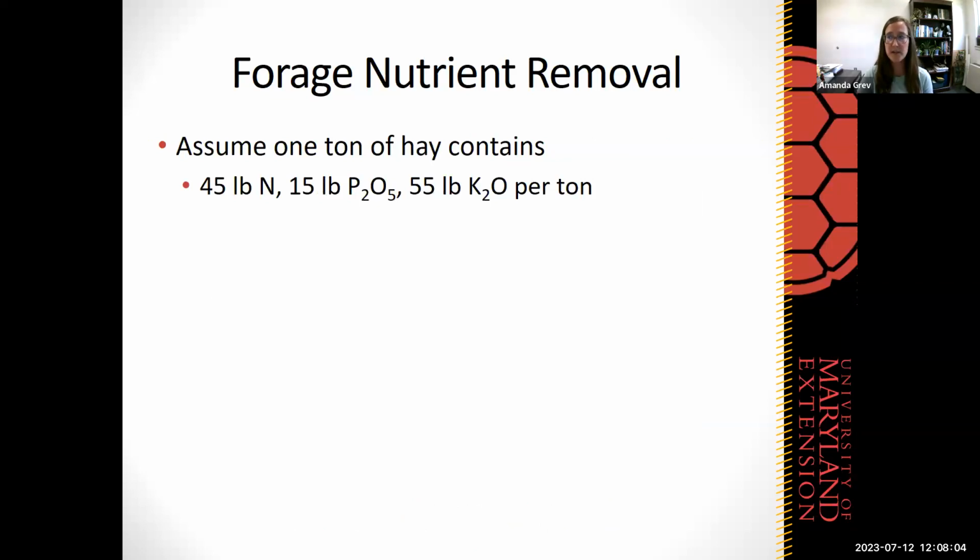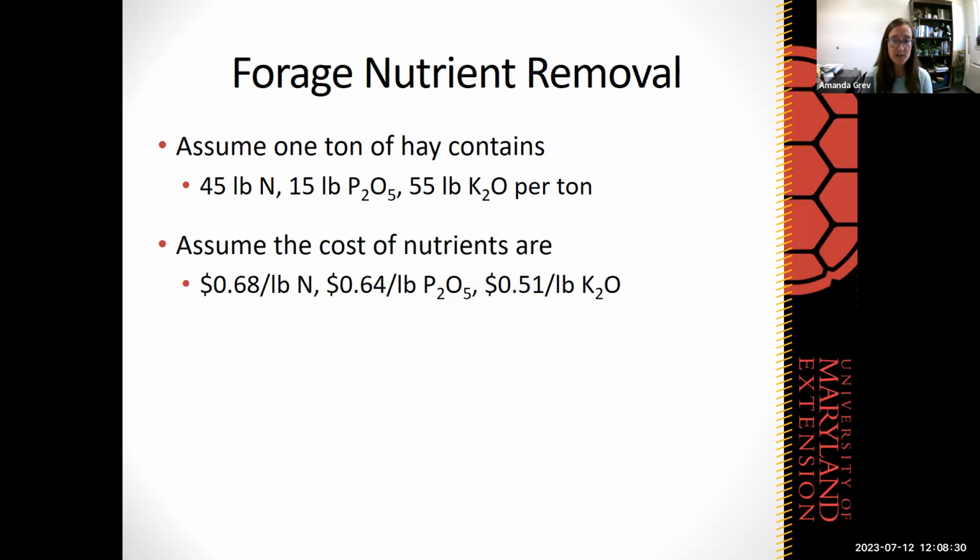So if we put a few numbers to this, and take some of those averages from that previous chart, and assume 1 ton of hay is a standard grass hay, contained in that hay we have 45 pounds of N, 15 pounds of P2O5, and 55 pounds of K2O. I just pulled those numbers as an average from that previous chart.